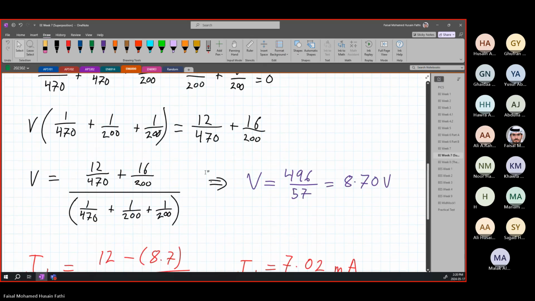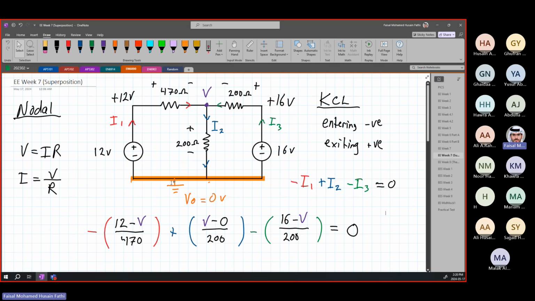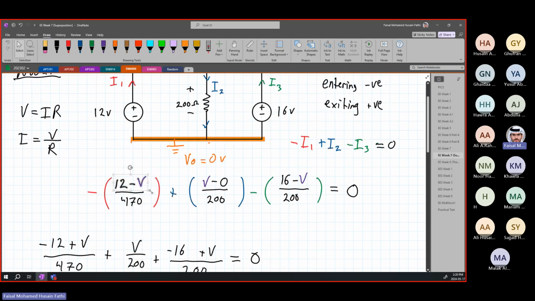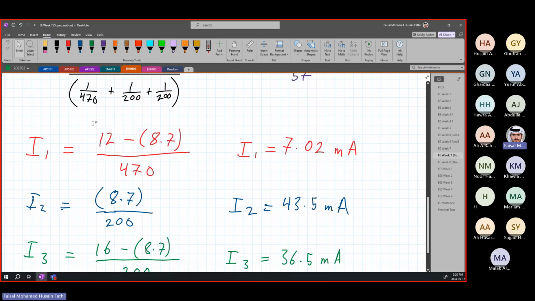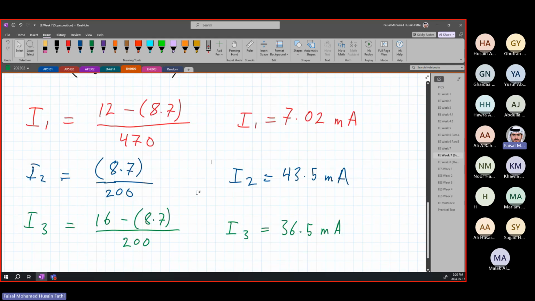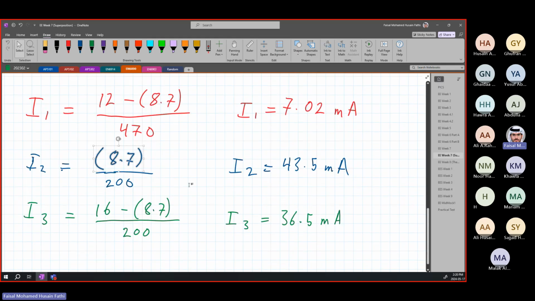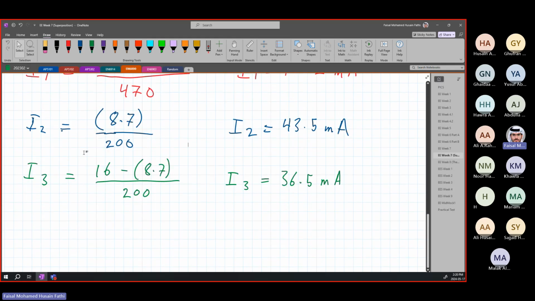Last thing, if they're asking you to find the voltage drop, you have already calculated the voltage drop for each resistor, which is the top part of each of these equations. For example, for I1 it's simply 12 minus 8.7. Voltage drop for I2 is 8.7. And voltage drop for I3, which is VR3, is 16 minus 8.7.